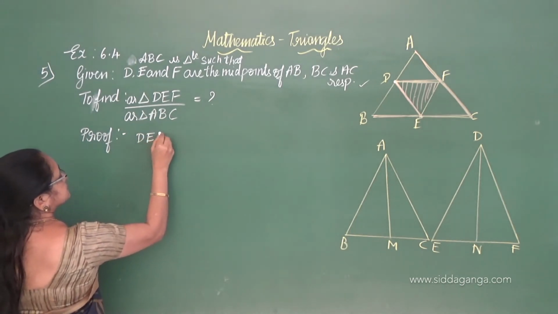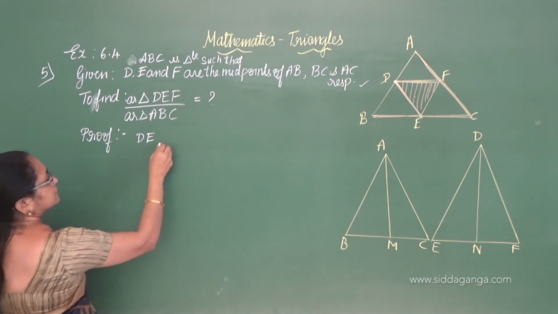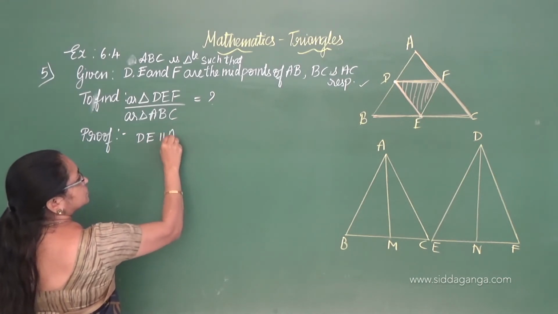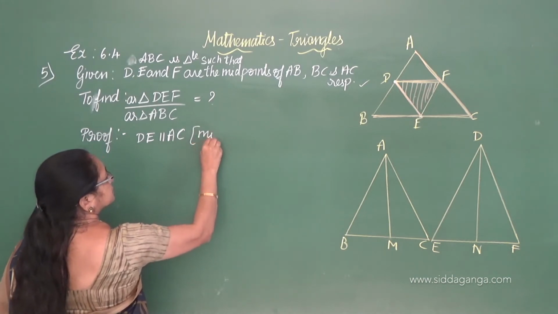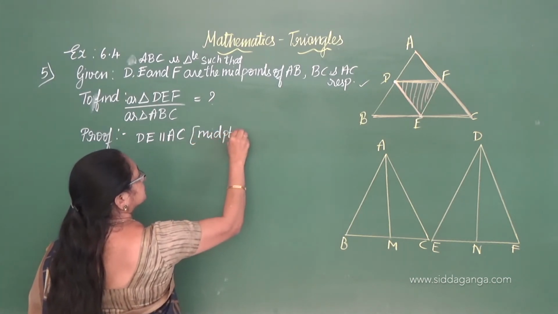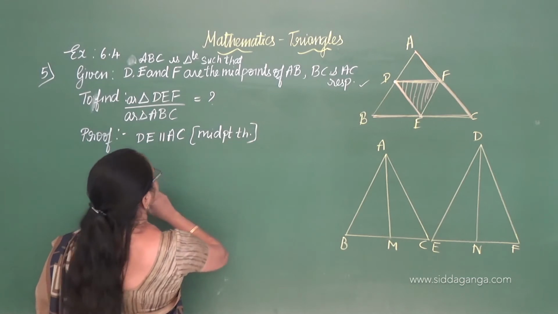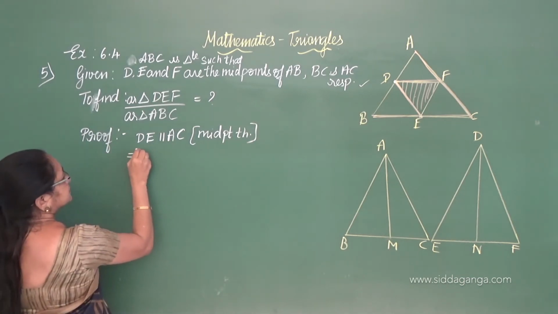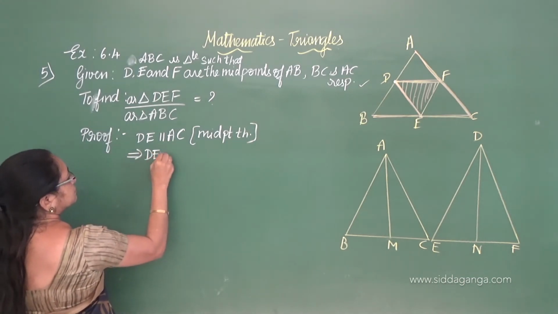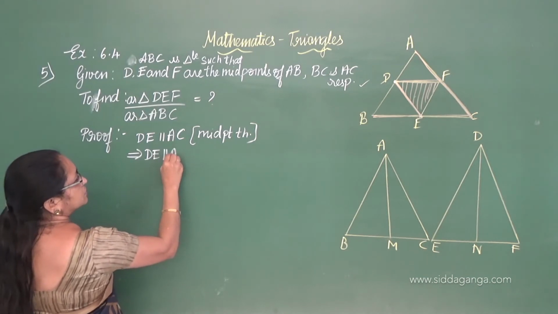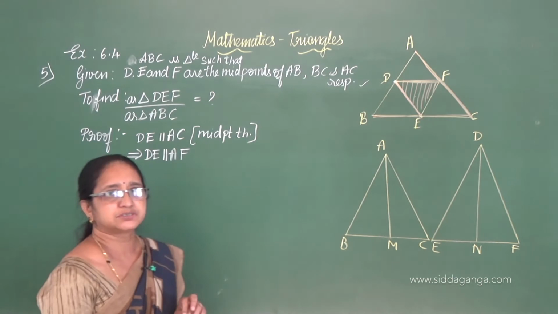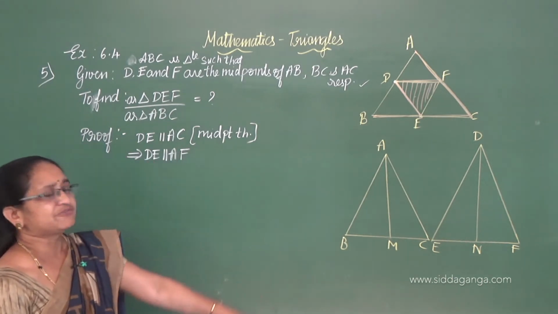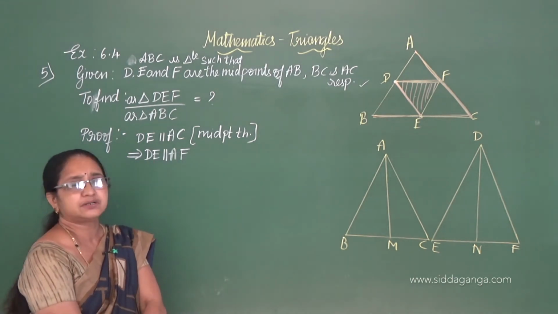DE is parallel to AC. Why? By the midpoint theorem you can write. So this implies that DE is also parallel to AF. I hope you understood this. Please refer to the diagram over there.